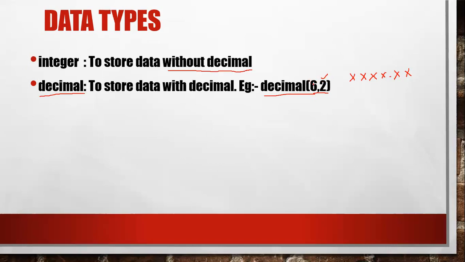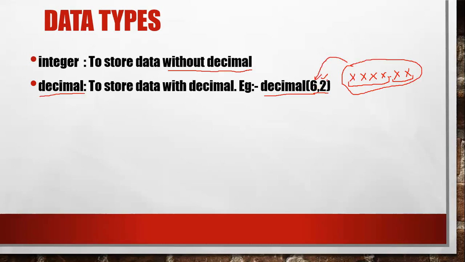So what does it mean? 6 minus 2 is 4. So before the decimal you can store a number which contains a maximum of 4 digits, and after the decimal a number which contains a maximum of 2 digits, and the whole number contains a maximum of 6 digits only.